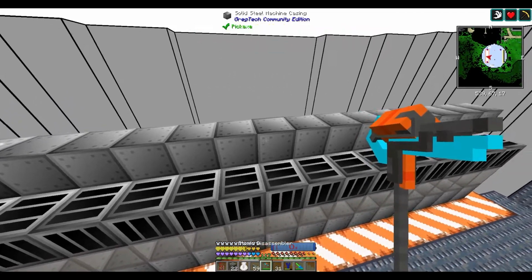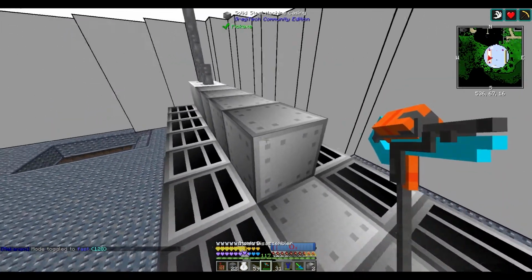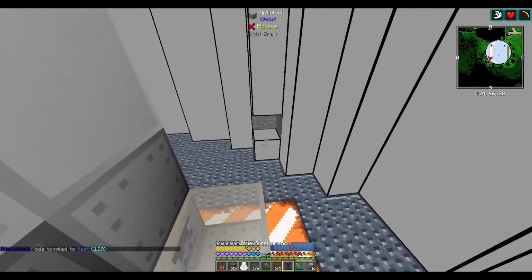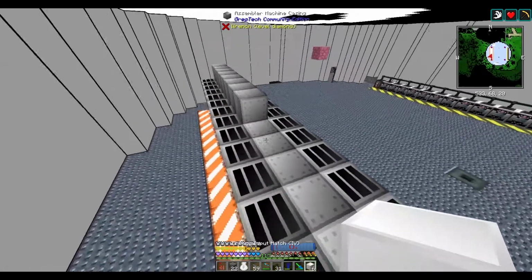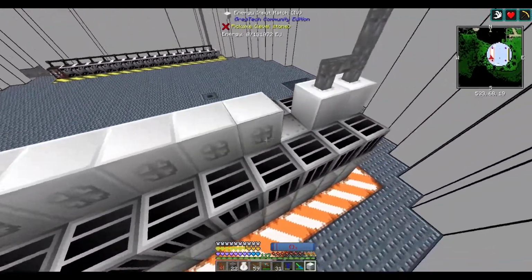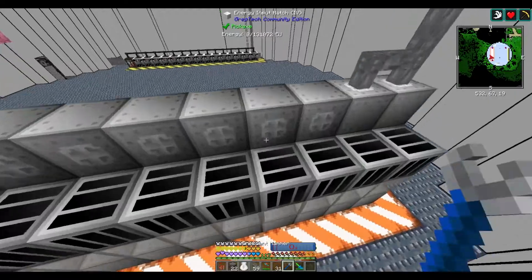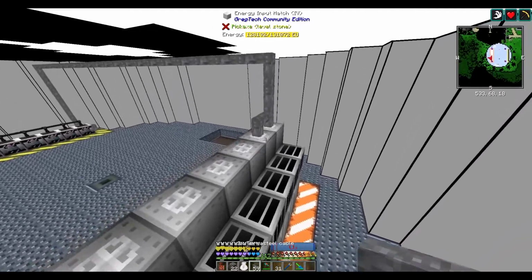If we change all of them, 1, 2, let's make these fast. 1, 2, 3, 4, oops. Didn't mean to do that. We turn them just for fancies. I don't think it really matters, but yeah, it just looks better, I guess.